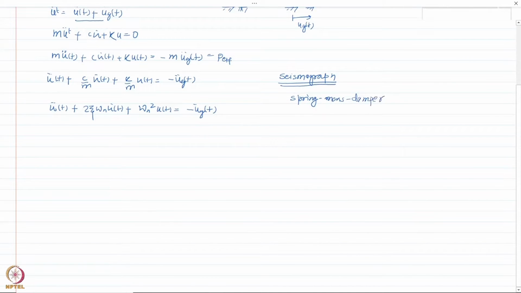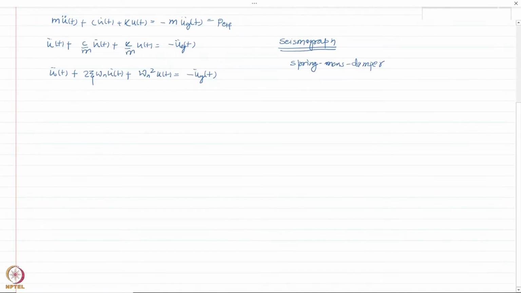The way this seismograph actually works is that we utilize frequencies for the seismograph which are quite high, such that omega by omega_n, where omega is the excitation frequency and omega_n is the natural frequency of the seismograph, should be equal to 0.5.